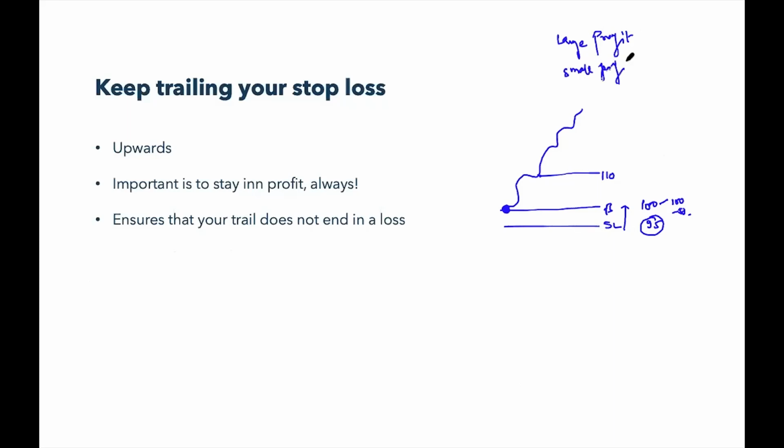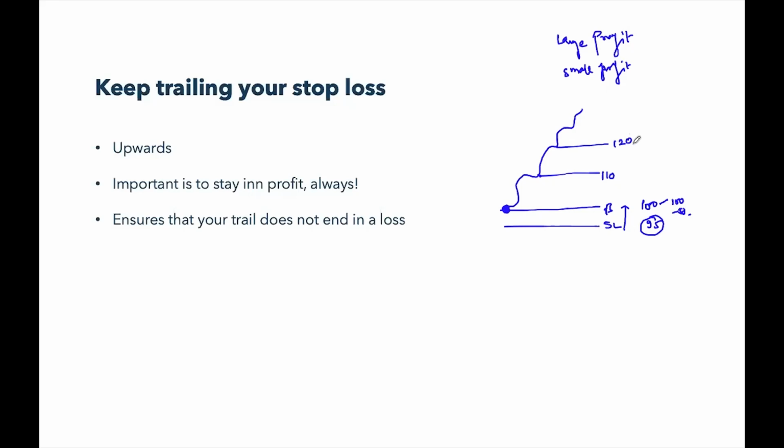So let's say from 100 it goes up and comes back to, let's say, 100 rupees. So we have ended with no profit, no loss, apart from, of course, the brokerages and everything. But let's say we just ended at 100 rupees. Now let us assume that stock went to 120.